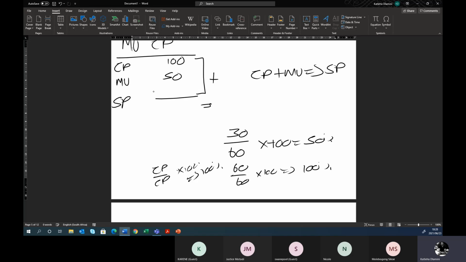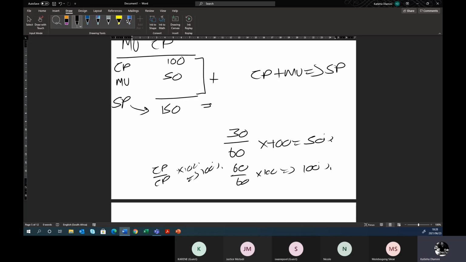The 100 plus the 50 will give you 150. This is your selling price, 150%, right? Fine. Now I want to erase this down here because I want to work with calculations and draw things.